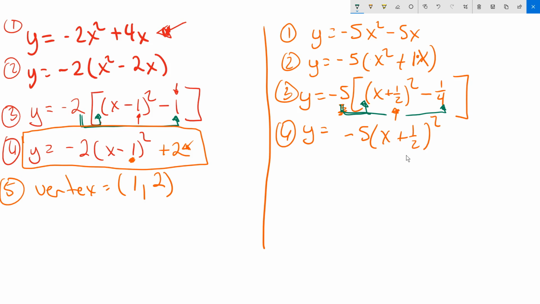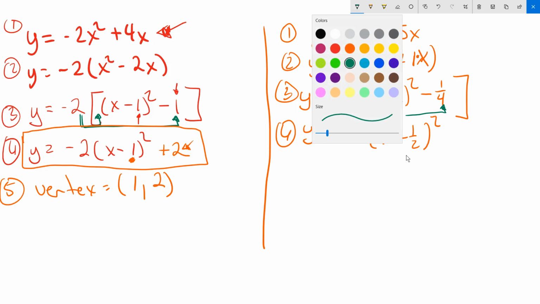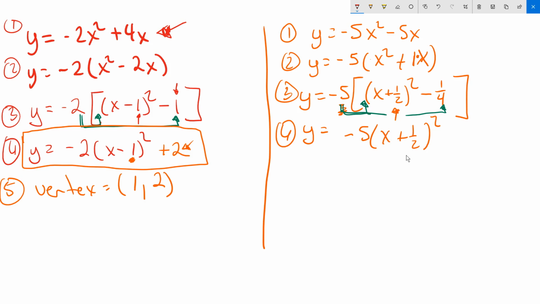So it becomes negative 5 times negative 1/4, which is positive 5/4. Then from here you can identify the coordinates of the vertex. You take that value where I've drawn the little arrow, and then take its opposite, so it's negative 1/2. Then you take that 5/4, and this is the vertex point.